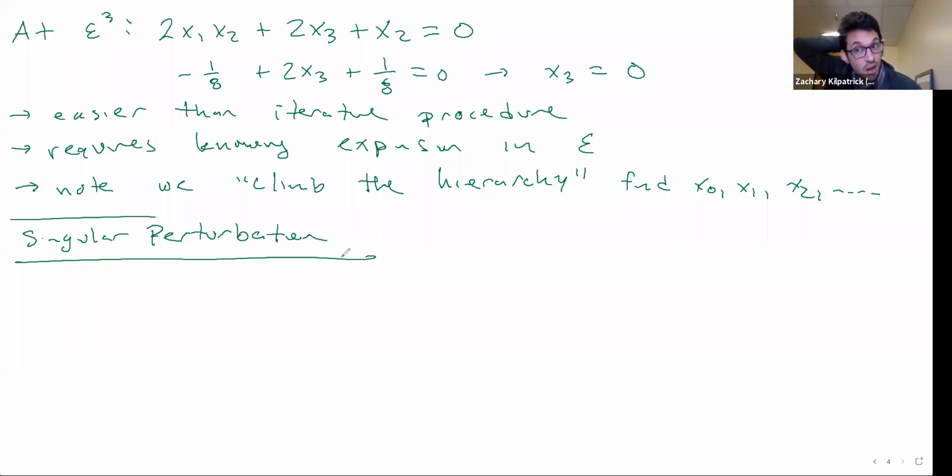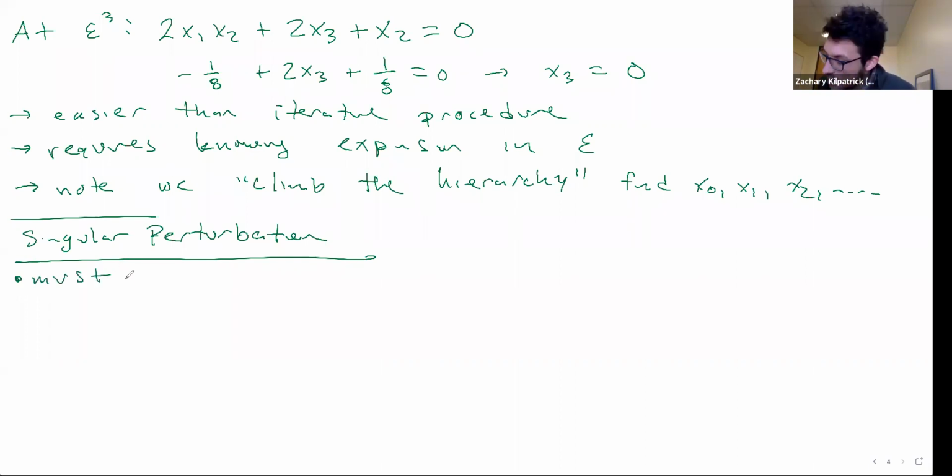How do I know that my power series doesn't need to be expanded like 1, epsilon to the 1/2, epsilon to the 3/2, epsilon squared? You could imagine a multitude of possible regular perturbation expansions that you might have to do, or mild changes from that.